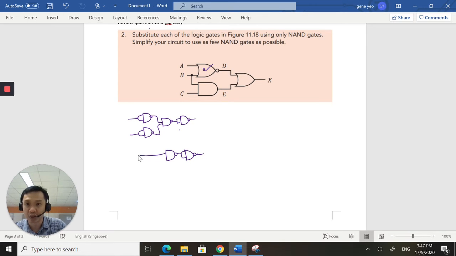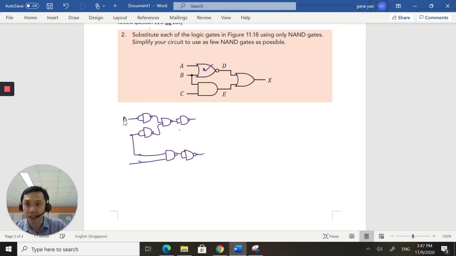And I'm going to have the 2 inputs here. Now you'll be going, whoa, there are 3 inputs. How come I ended up with 4 inputs? Don't worry. This first input is going to be shorted to the second input of your NOR gate. So I'm going to have a shorted input here.